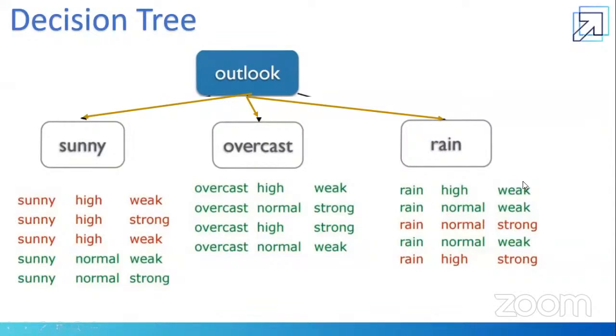It is depending on wind here. So if outlook is rainy and wind is weak, child can go out. If outlook is rainy, wind is strong, child cannot go out to play.